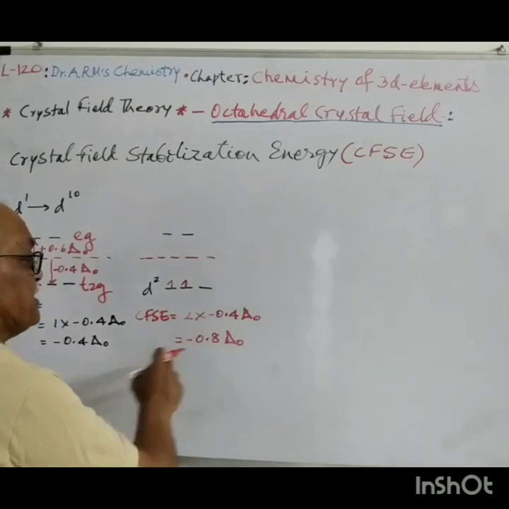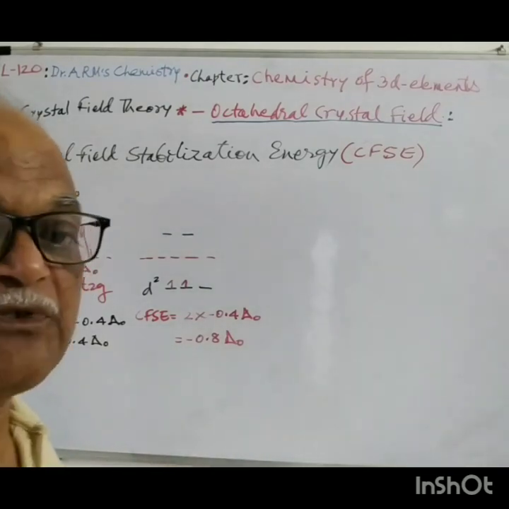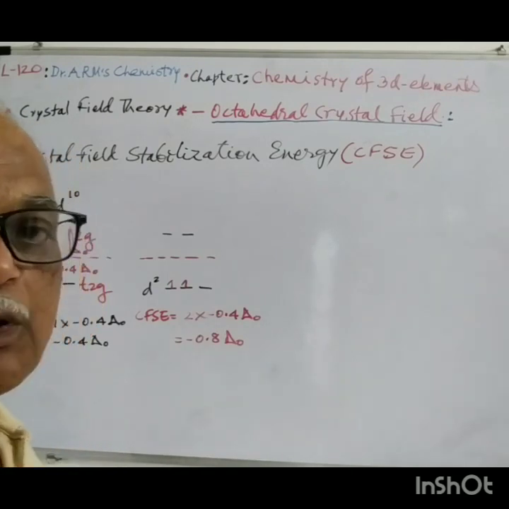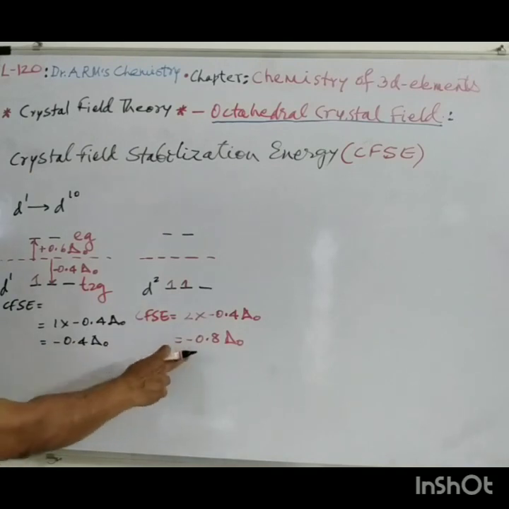That is why it is minus. The negative value indicates that the complex is more stable. So this is less stable, this is more stable, as indicated by CFSE.